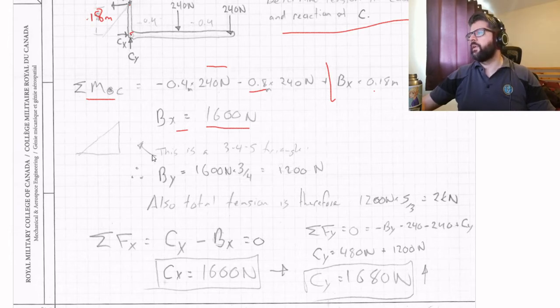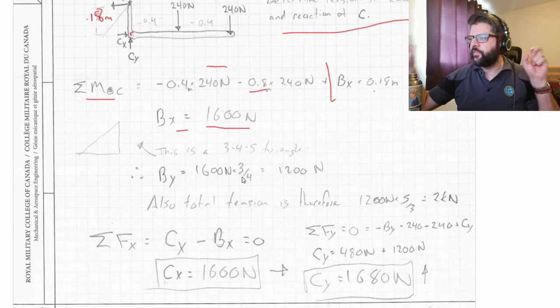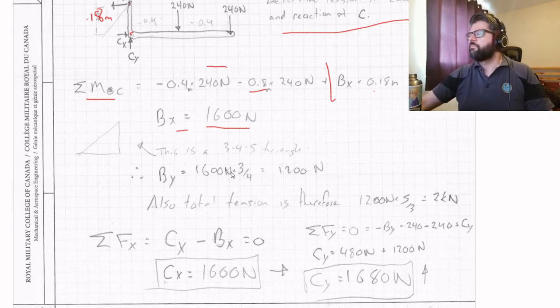So that means that, knowing Bx, we can just solve for By, because it's going to be 3/4 of what we solve for Bx as, because the y component portion here is the 3 in our 3-4-5 triangle, as opposed to the x, which is our 4.